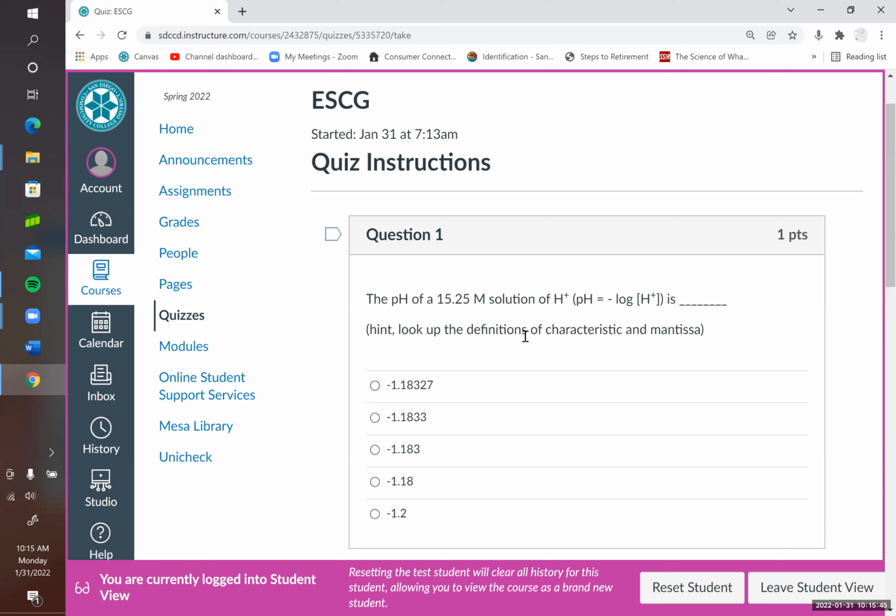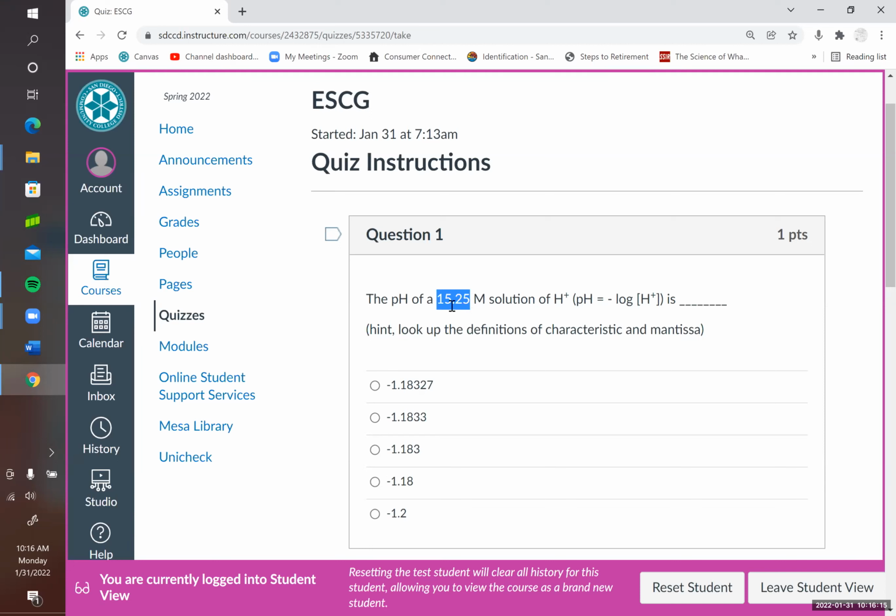So you might need to look up some of these definitions. Now, I assume that since you're taking this class, you could punch that into a calculator, right? The definition of pH is minus the log of the H+ concentration, and they give you the H+ concentration.